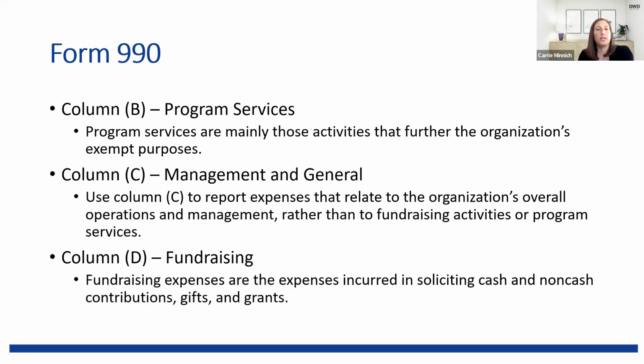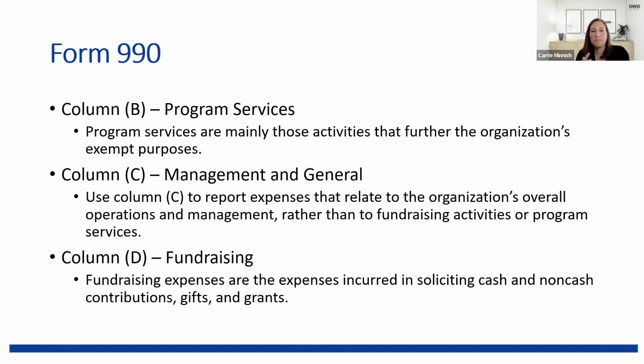So again, when we're looking at the Form 990, we have columns B, C, and D. Column B is the program services. So again, this is just like what we talked about for the financial statements. We need to allocate between program, management and general, and fundraising. And these are the descriptions straight from the IRS instructions for Form 990 for each of the different functions.